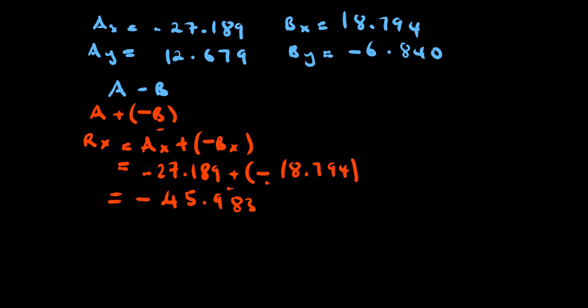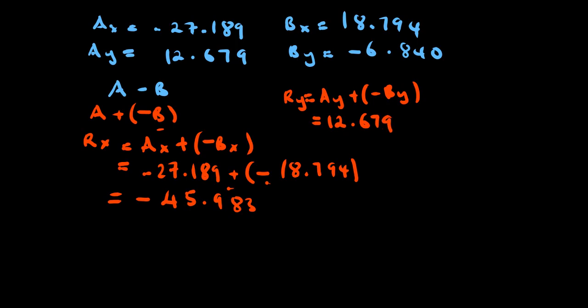The resultant for y is going to be a y plus minus by. I have my a y, it's not changing in this part of the question, so it will be that.